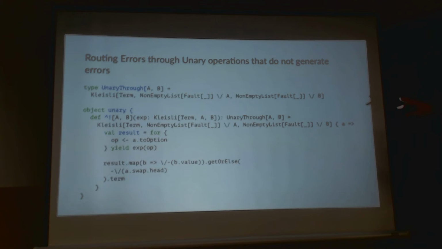Since we're using disjunctions in combination with these Kleislis, I'm going to show you a few of the operations for handling error routing. You can think of it as providing a sort of bubble wrap around your functions in your library, where your bare functions don't handle incoming errors at all.